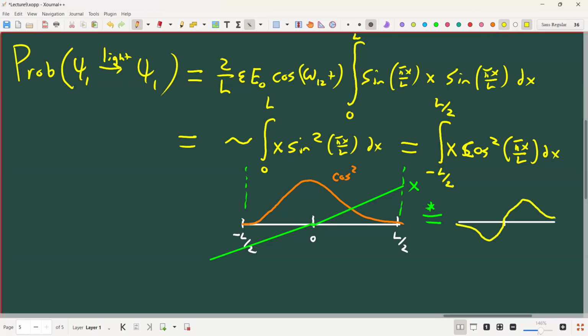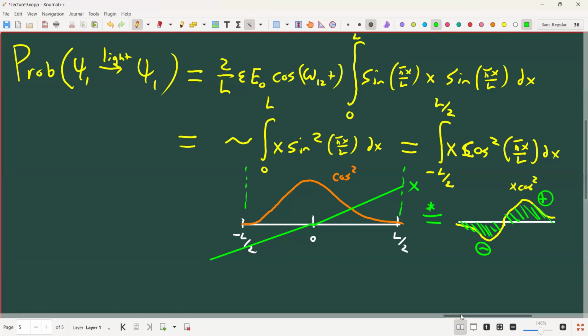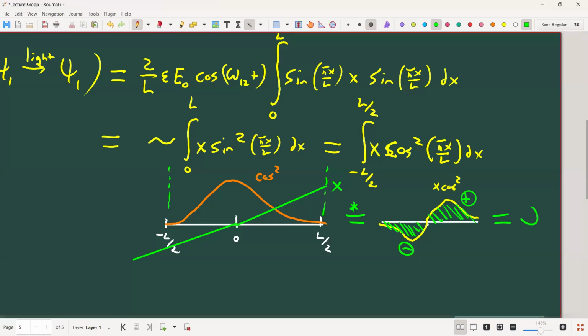This is the product of those two. This is x cosine squared. And when I integrate that, I get a negative contribution that's equal and opposite to the positive contributions. So negative, the positive contribution. And therefore, this whole integral is 0.